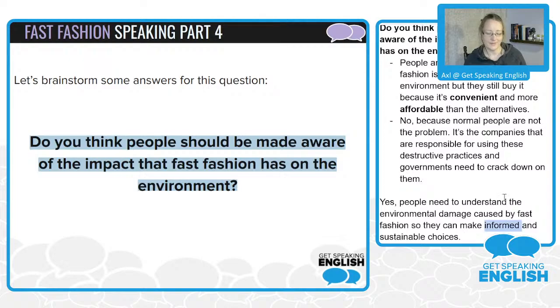So choices that are based on having all the information, so people can basically use their brains and figure out the best thing for them to do.